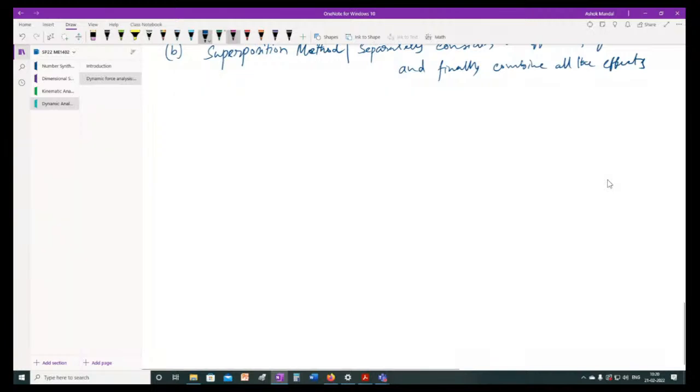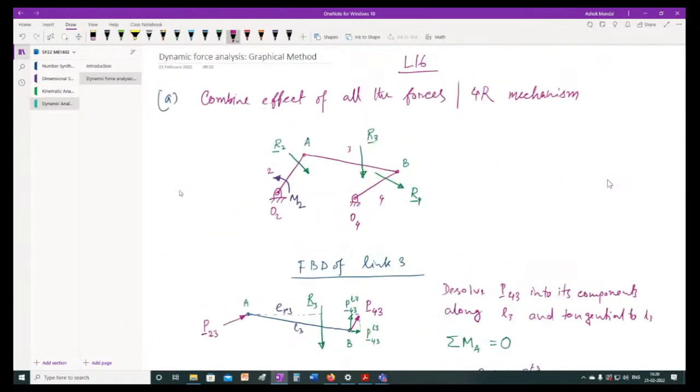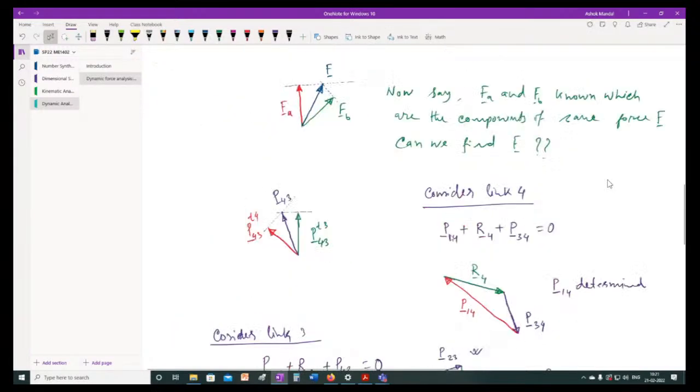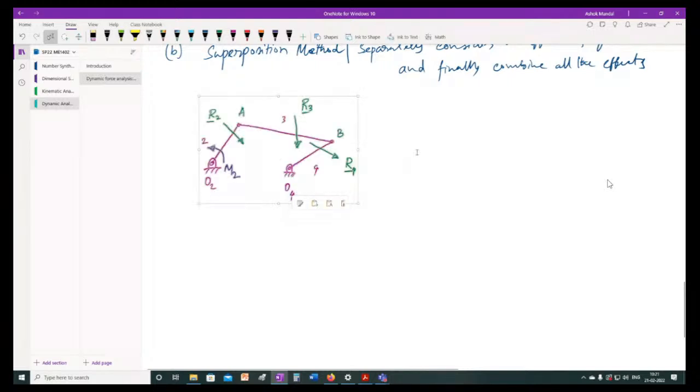So suppose we take the same problem. Now we will solve this problem in 3 steps.